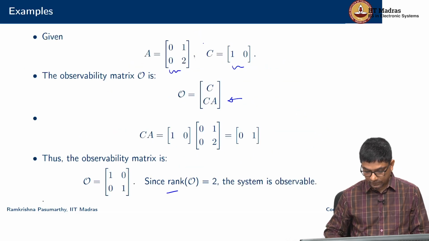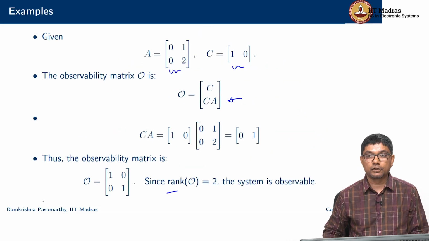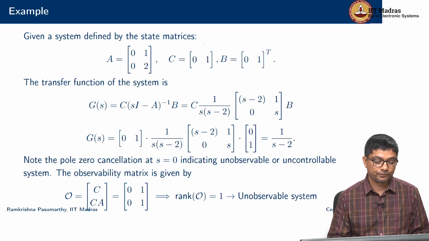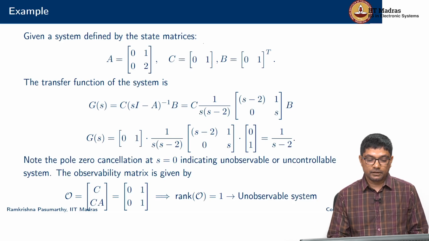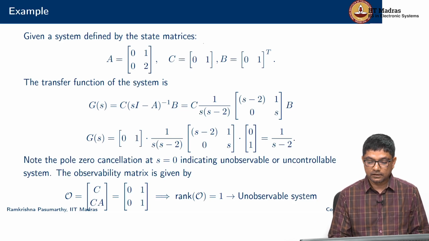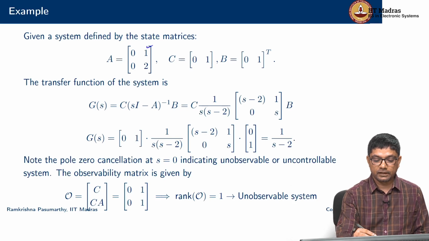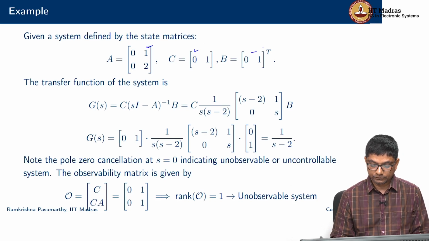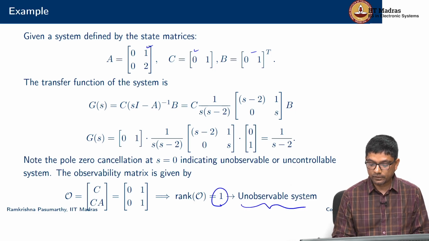Okay. So, this is for an observable system, the rank of the observability matrix is 2 and I see a good looking transfer function. In the second example, I take another system with a certain A, a certain C, a certain B. The rank of the observability matrix is 1, the system is unobservable. So, let us see what is happening here.